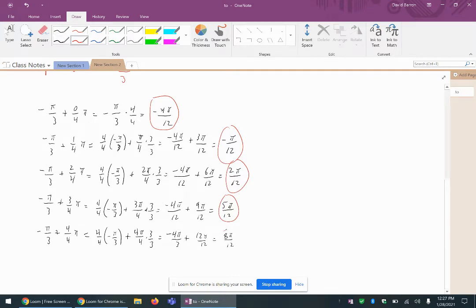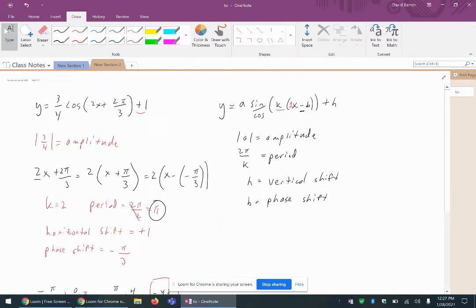Cool. All right, so we got these. These are our x values, or inputs, that we're going to input into our trig function. Let me go ahead and copy this.